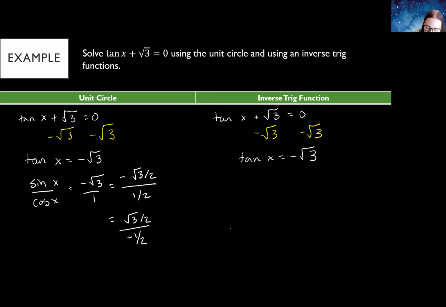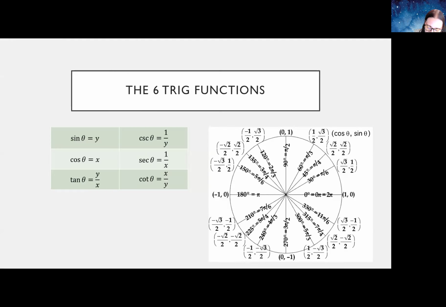So you go back to your unit circle. And we are looking for, and I'm going to highlight here, where we have the y value to be negative square root of 3 over 2, the x value 1/2. So that's the first one right here. That is 5 pi over 3. Or you may have the negative with 1/2 and then the positive with square root of 3 over 2. So that's over here, and that's 2 pi over 3.